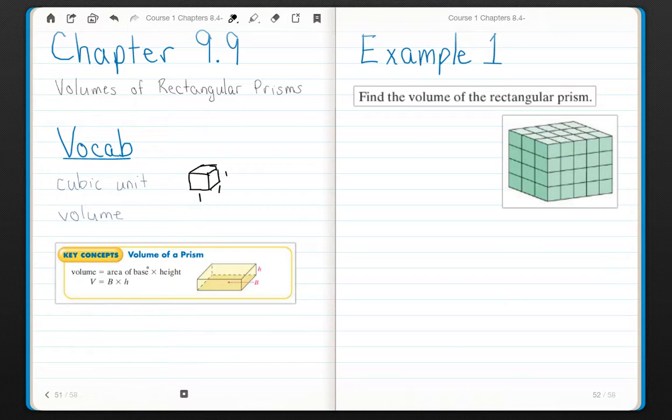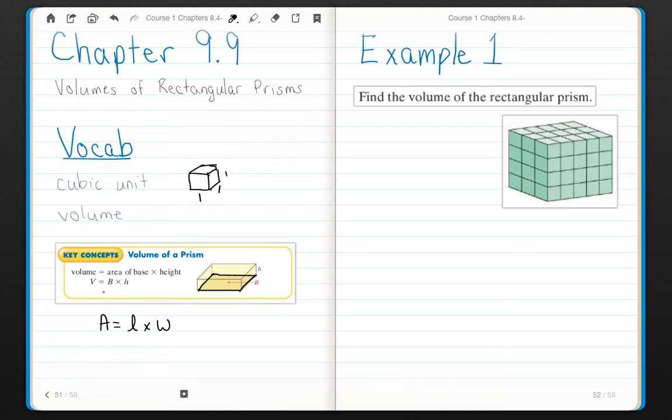Okay, volume is calculated by the area of the base times the height of the object. So you're very familiar with area. Area equals length times width. Well, that gets us the base, or the bottom of the object.